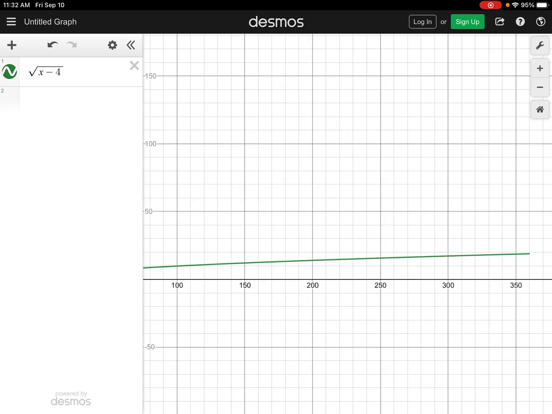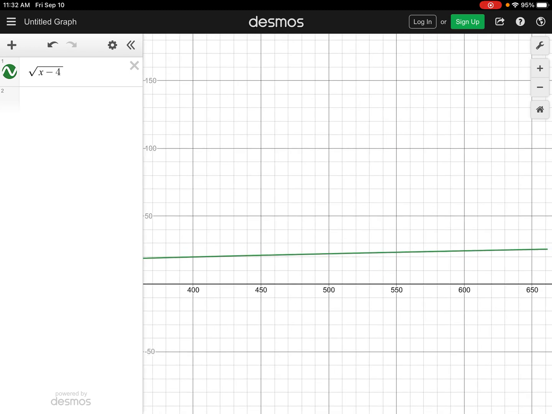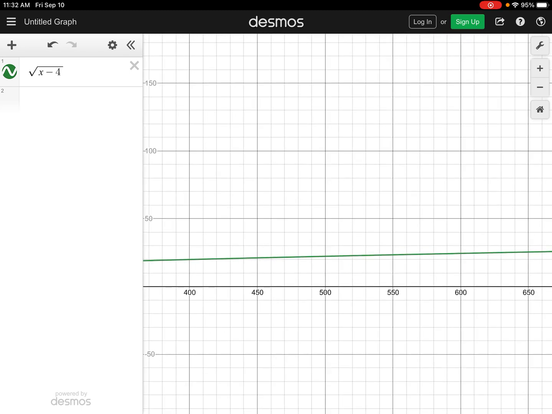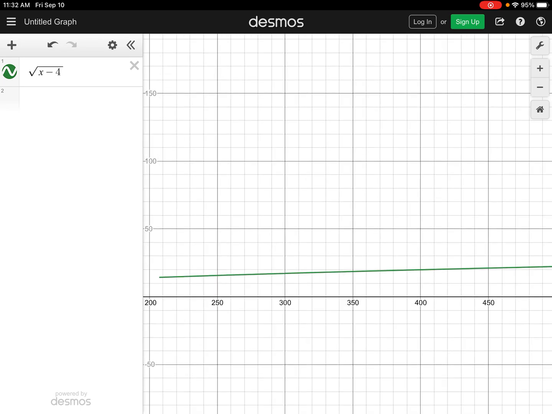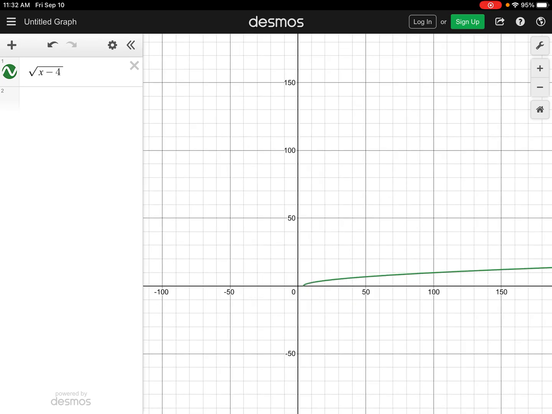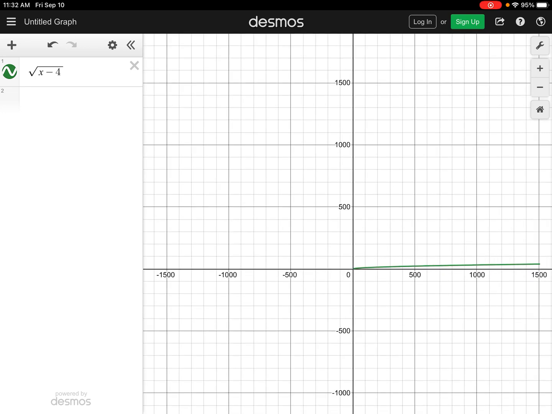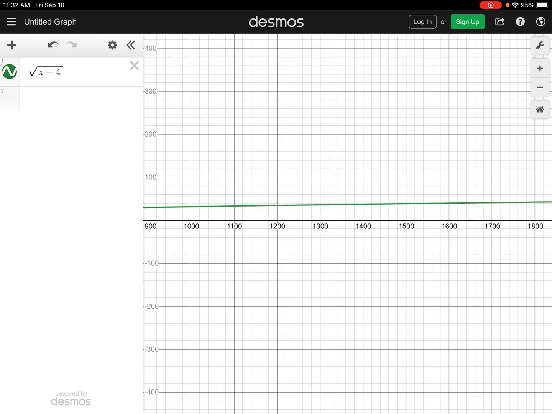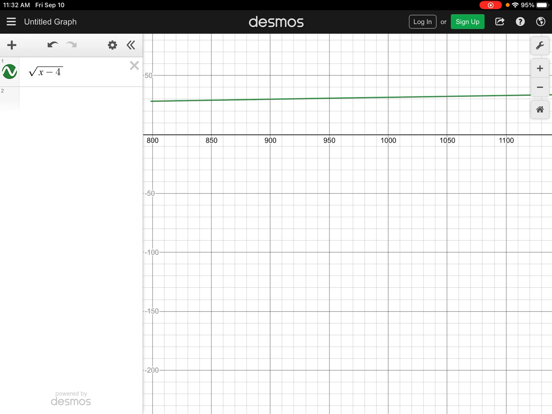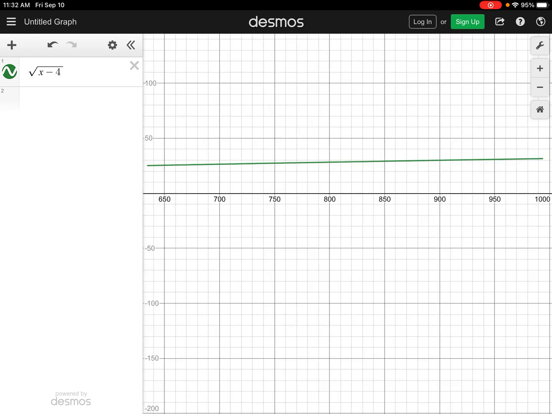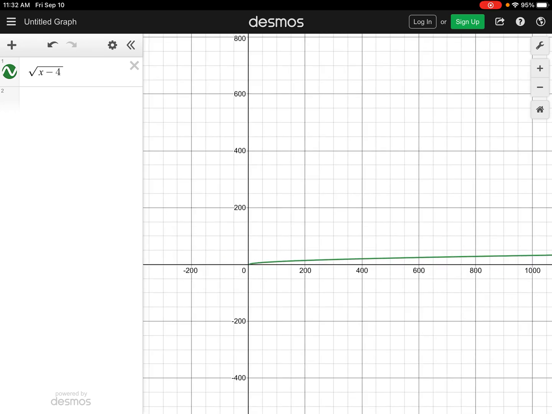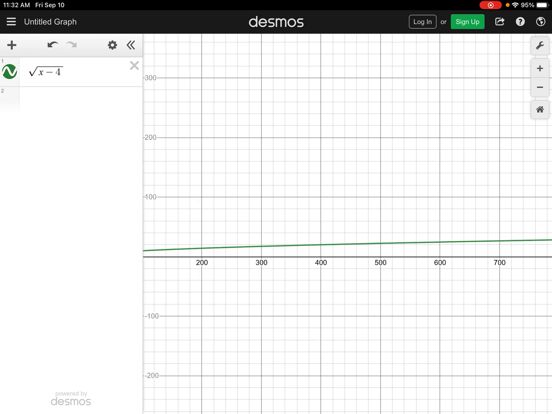And you can see it's continuing to climb and climb, and it's going to keep getting bigger forever. Not by a lot, right? We're at x is 600, and we're barely above 25. But it will continue to climb forever, even if it's a little tiny amount each time.